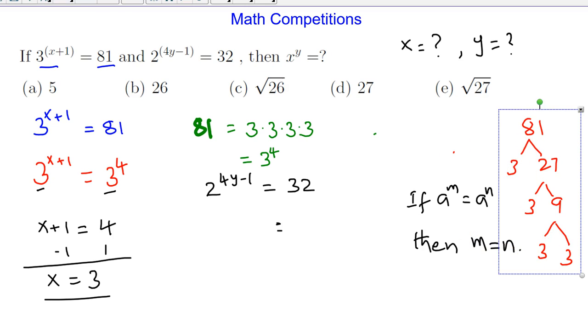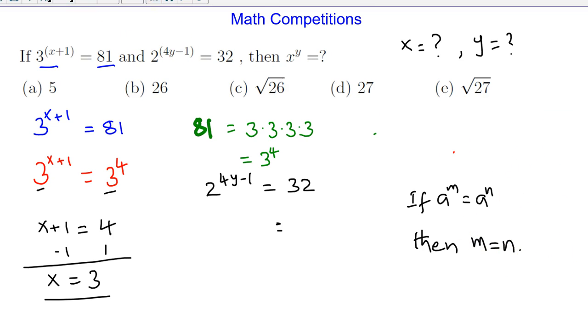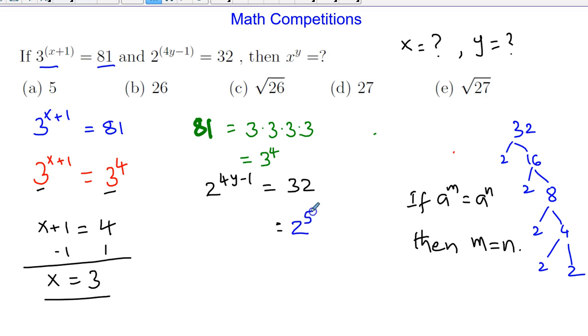Same thing we can do here. 32: 2 divides it 16 times. Again 2 goes into 16 eight times, 2 fours are 8, 2 twos are 4. So 1, 2, 3, 4, 5. 32 is nothing but 2 to the power of 5.